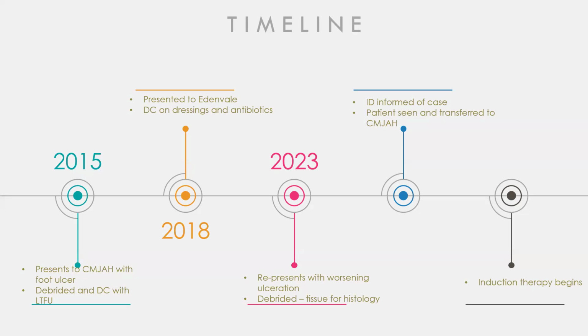They sent off the histology, and the histopath was very concerned with the histology, so they actually informed ID of the case. And it so happened that I had been doing outreach at Edenvale at the time, so I was on site, and I was able to quickly run across and see this patient in the surgical ward. And then we got her transferred across to Charlotte thereafter, and then we had started treatment for her.